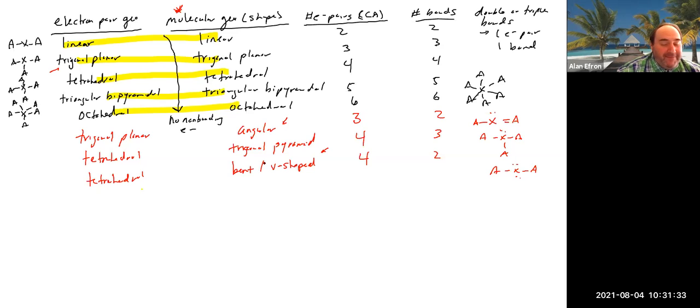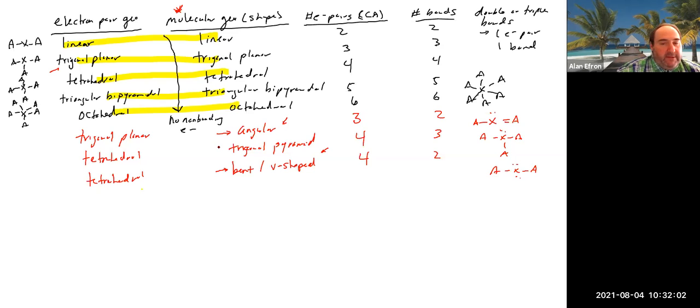Getting old, I forgot the bond angle there, but it's less than that, like 104.5 for water, 107 for NH3. So there is a difference. Remember, here we use bent or V shape for this situation, and we use angular for that situation, where we have 3 and 2, because there really is a difference in the bond angles that we see.